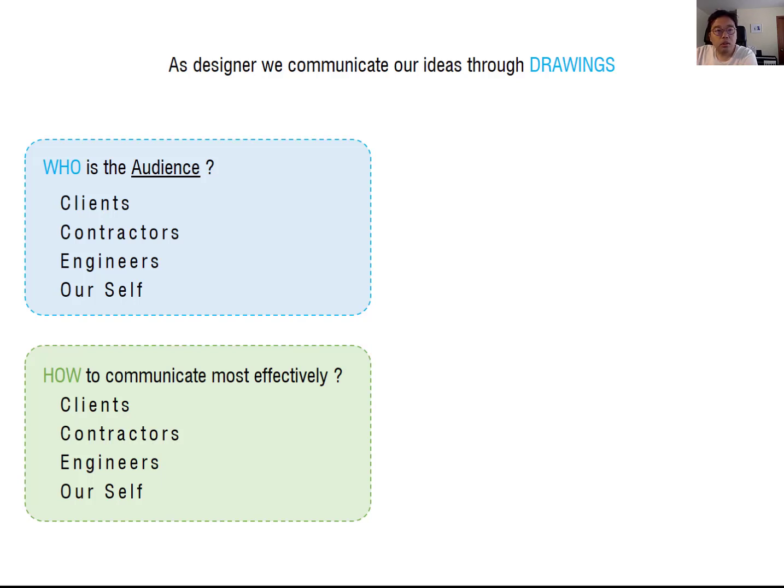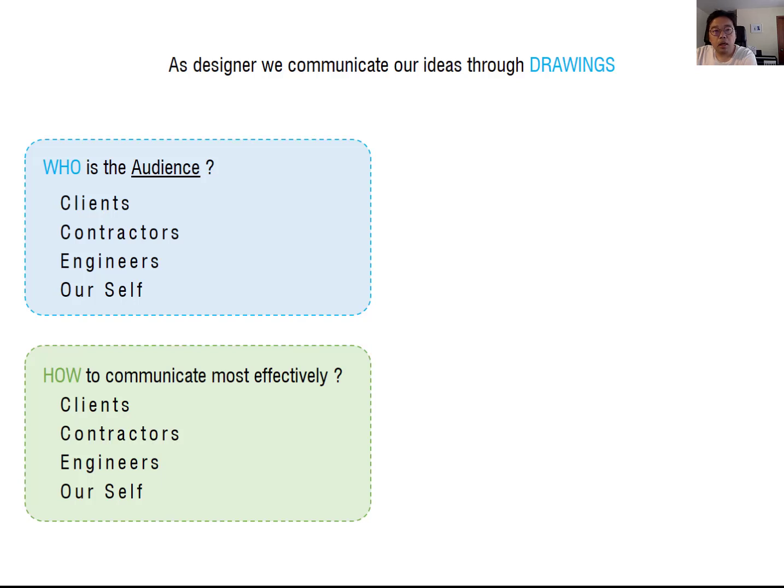However, the contractor and engineer have a totally different point of view. They just want you to build the project. So you have to provide the proper drawing set for the contractor and engineers. You have to provide lots of detail, how you assemble things together and what the finished material is.